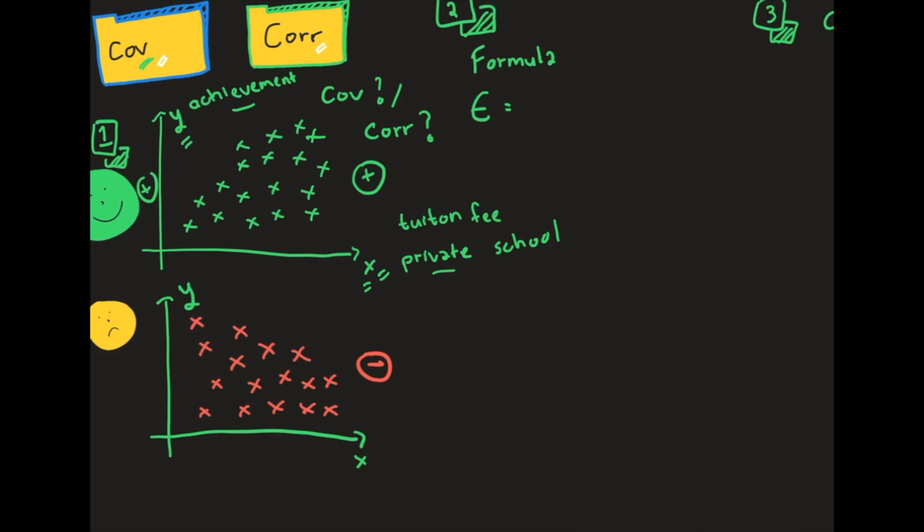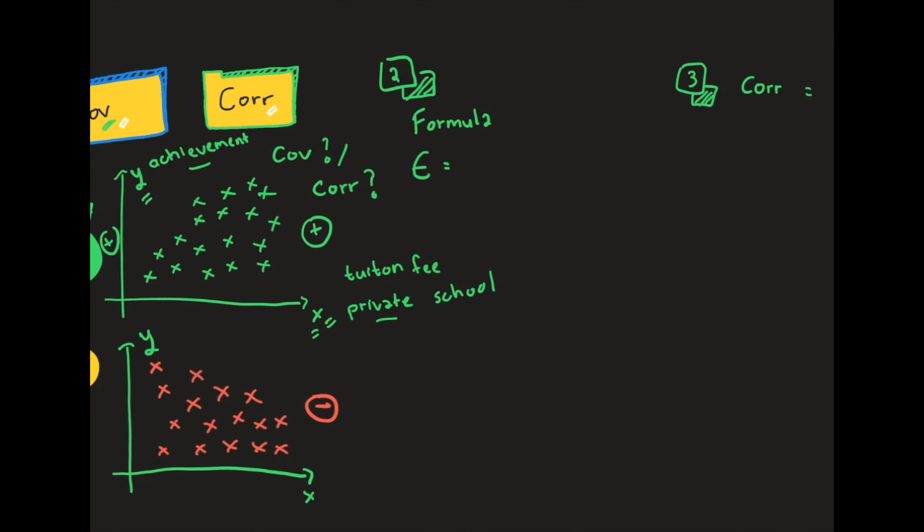How do we put it in math? The formula is the expectation of x minus mu x, times y minus mu y. What is mu? Mu is the mean of x, and this is the mean of y.